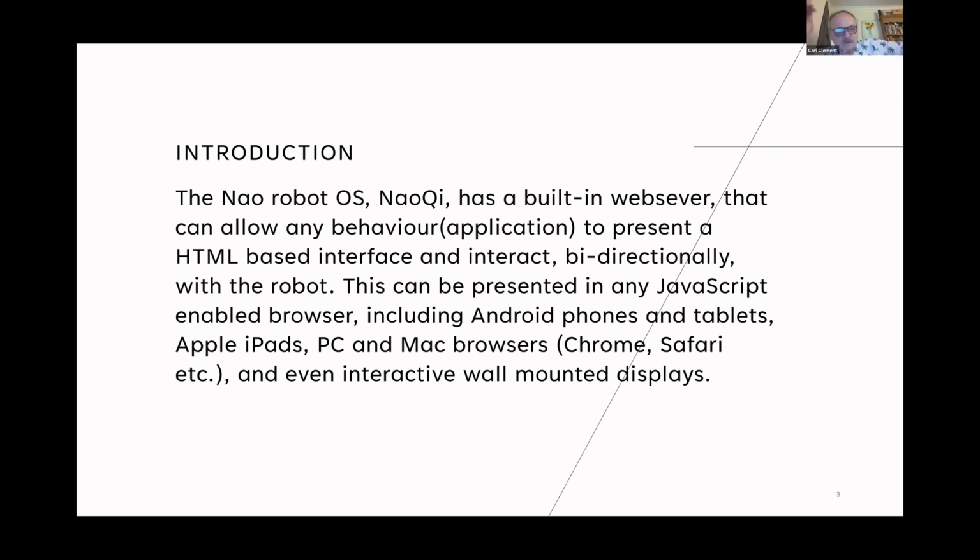And it allows for bidirectional communication between the interface and the robot. So that means that you can both update the web application because of what the robot's done, and you can update the robot based upon interaction with the web application.